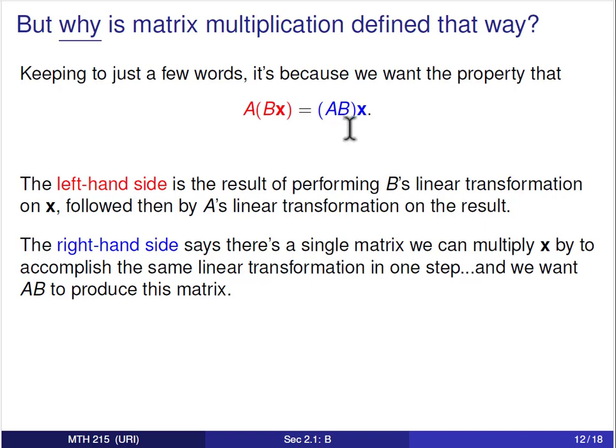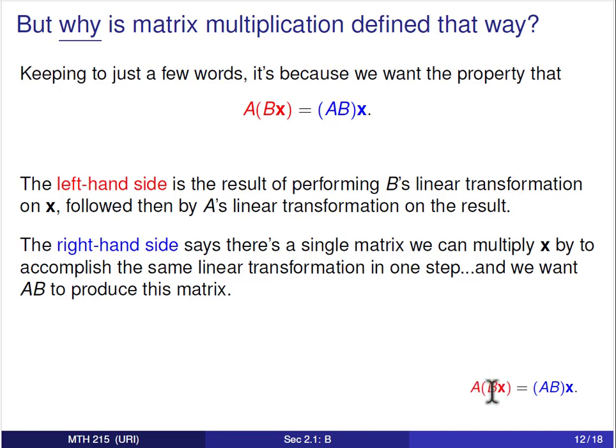All right, now how do we make that happen? Well, let's take the end and start with that. We want to figure out how to define matrix multiplication. If we want this equation to be true, then let's take a look at what the left-hand side means.